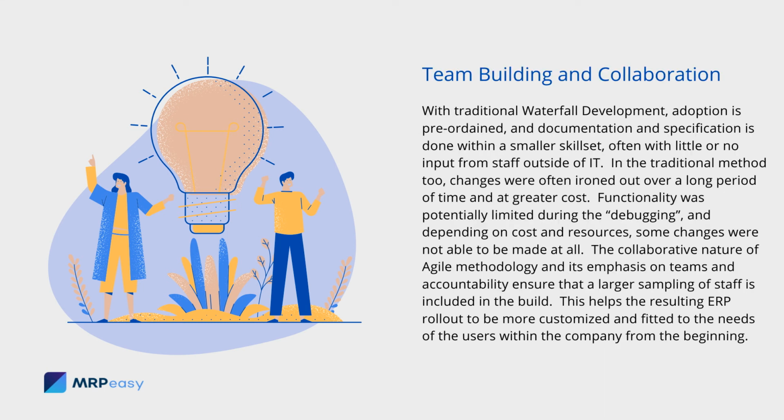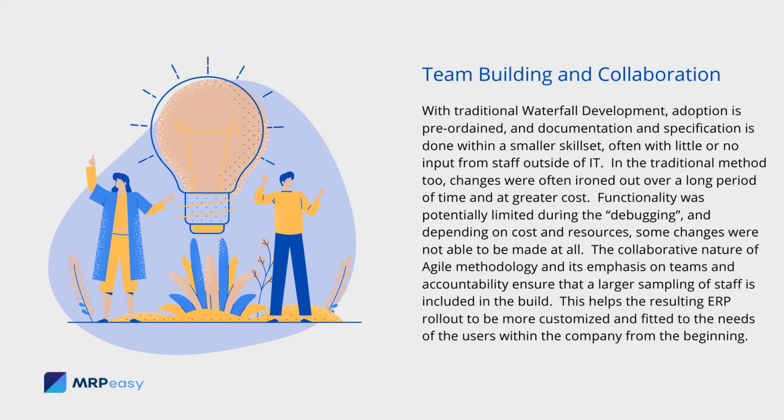With traditional waterfall development, adoption is preordained, and documentation and specification is done within a smaller skill set, often with little or no input from staff outside of IT. In the traditional method too, changes were often ironed out over a long period of time and at greater cost.